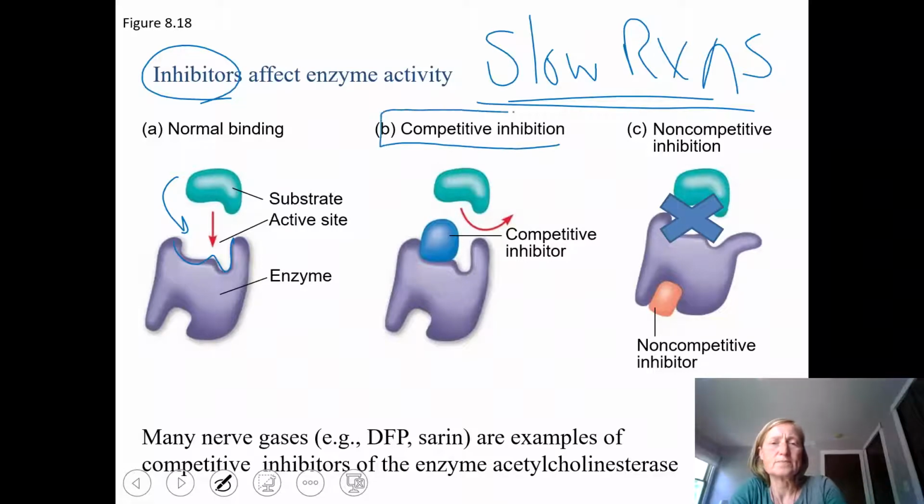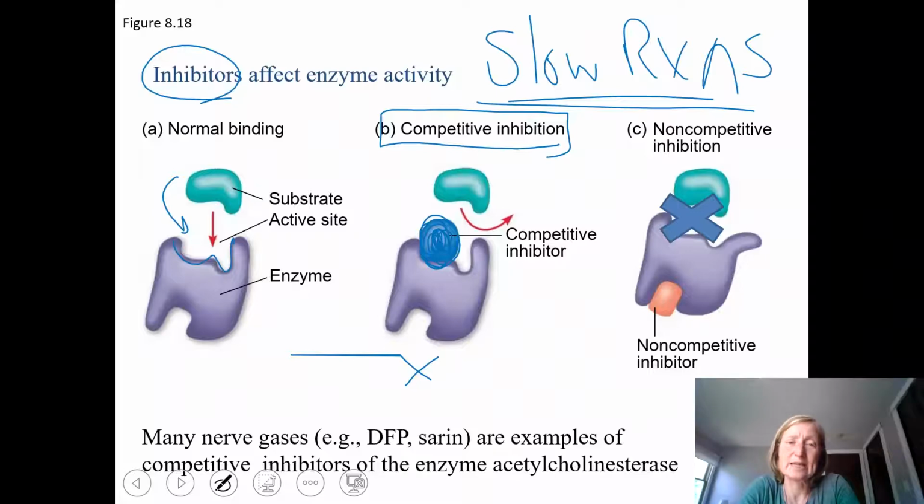Competitive inhibition is a type of inhibition in which you've got a molecule that competes with the substrate for the active site. So here, our competitive inhibitor binds to the active site of this enzyme. And when it's bound to the active site, can the enzyme function? No, the enzyme can't function, because there's no active site available.